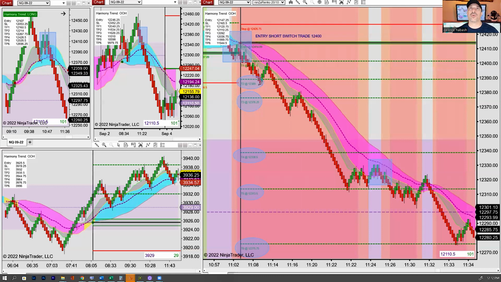Now, target number two hit, the market rallied to the middle of the range, but look, no shift in the harmony wave. The harmony wave stayed intact. The market hits target number three, reverses back a little bit, and some of the shorts cover. But again, no harmony wave disconnect, and the market flushes into target number 4. Then from there, it goes to target number 5.